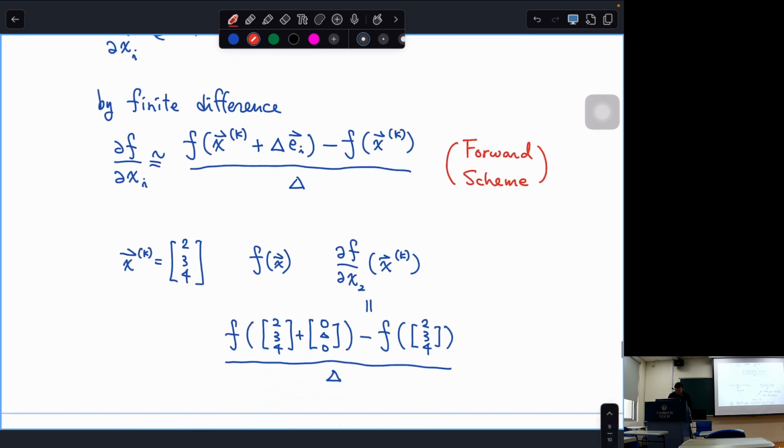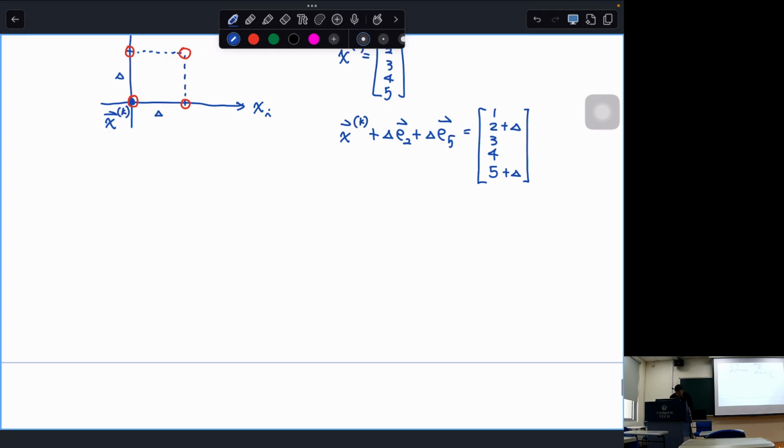So what is a polynomial fit? It's like curve fitting.